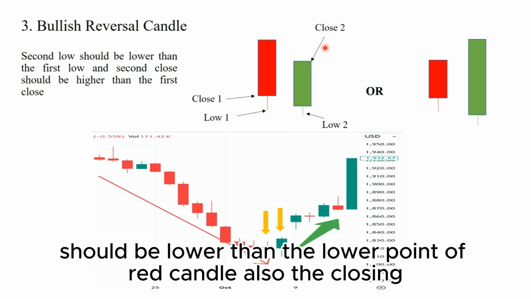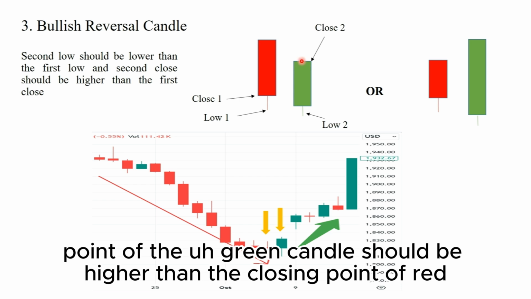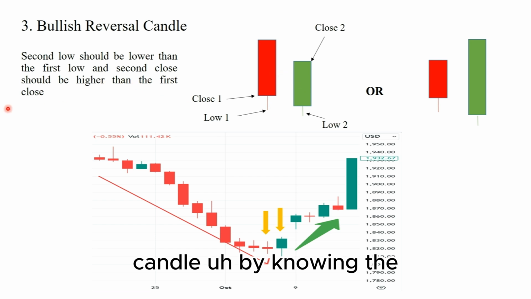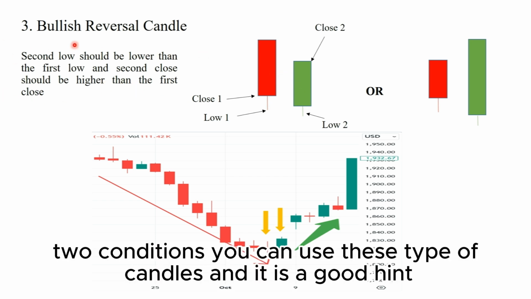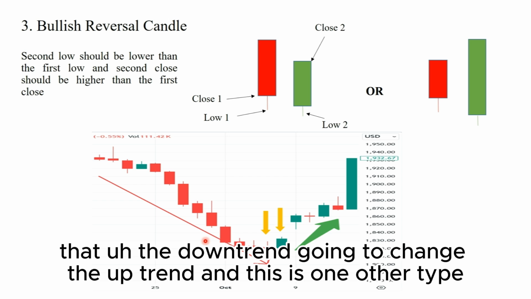Also, the closing point of the green candle should be higher than the closing point of the red candle. By knowing these two conditions, you can use this type of candle, and it is a good hint that the downtrend is going to change to an uptrend.